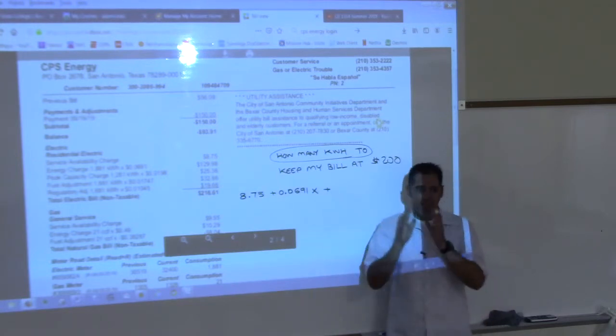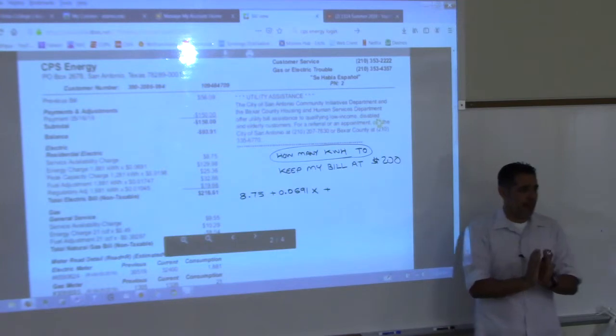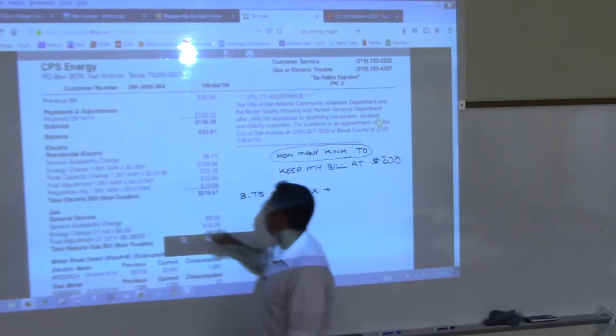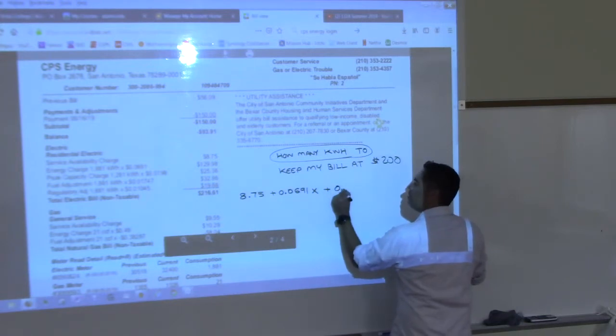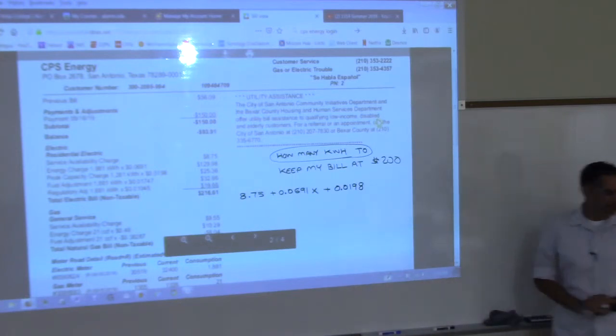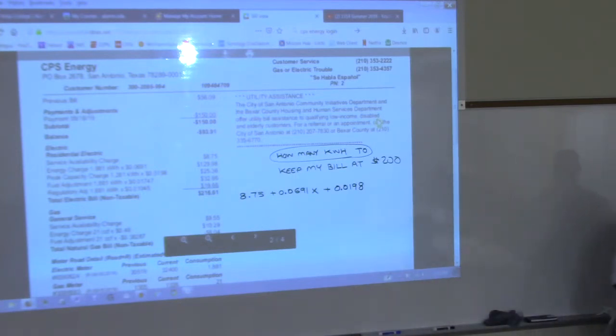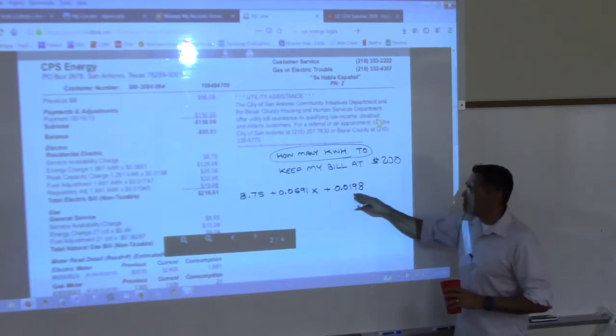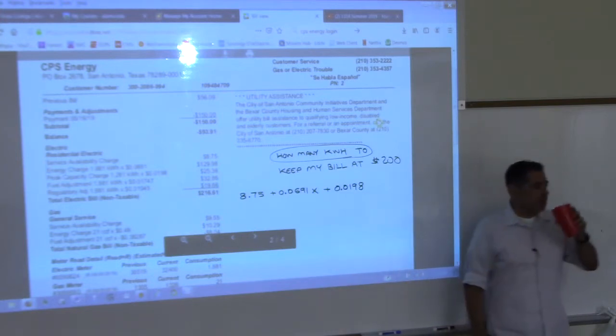Remember, X is the number of kilowatt hours that I'm going to have. So my next charge is my peak capacity charge, which is 0.0198 times what, though? Is it X? Am I going to get charged this additional 2 cents for every kilowatt hour I use?